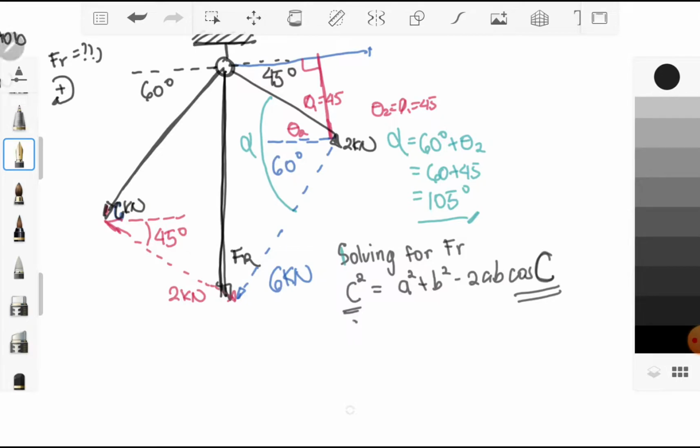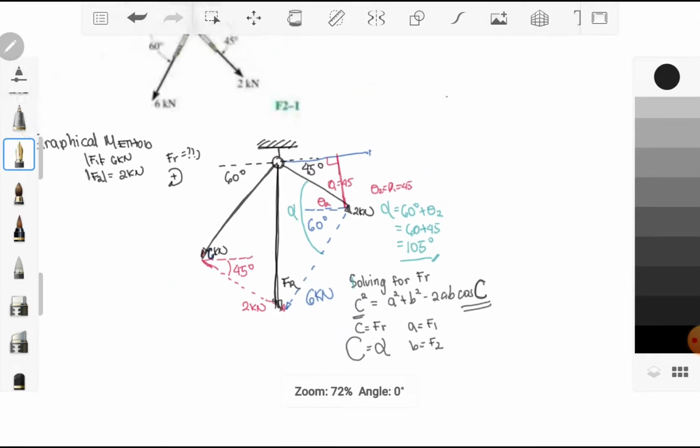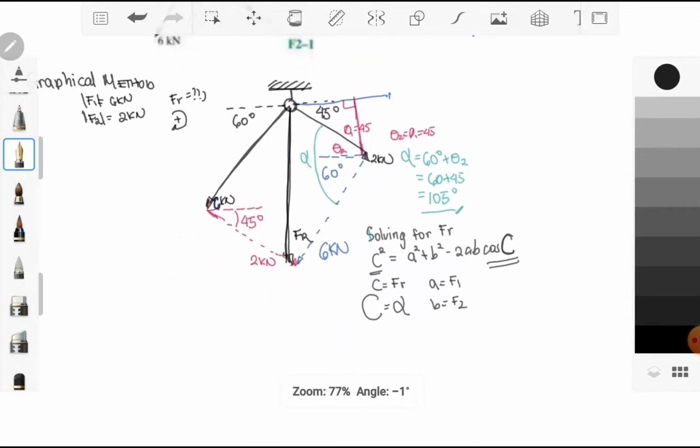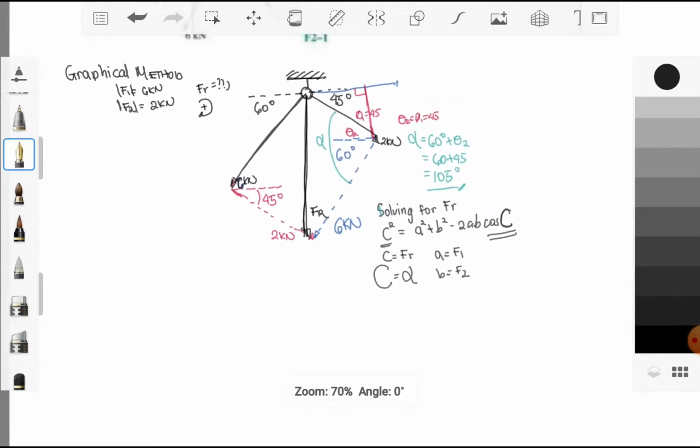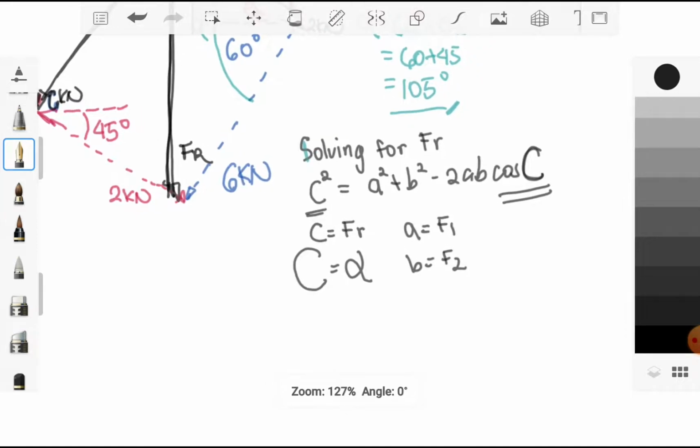Let's say that your c will be equal to FR, and your capital C is equal to alpha. Then A will be equal to F1 and B is equal to F2, so F1 is 6 kilonewton and F2 is 2 kilonewton.